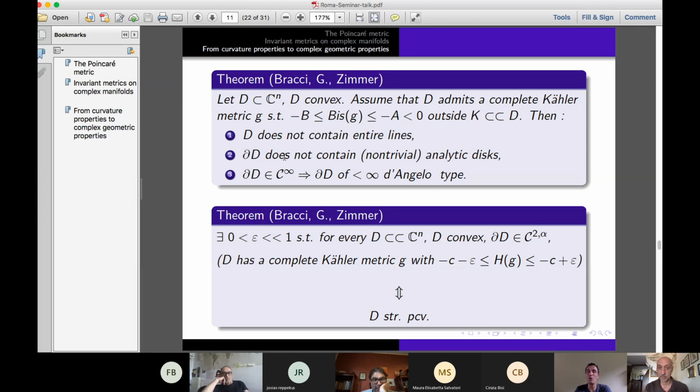No, you are perfectly right. But it just depends on which level you want to compare. If you compare metrics, they are positive, so Lipschitz outside the compact set will give you something Lipschitz globally. You are completely right, and we use it. But I'm talking about holomorphic bisectional curvature.